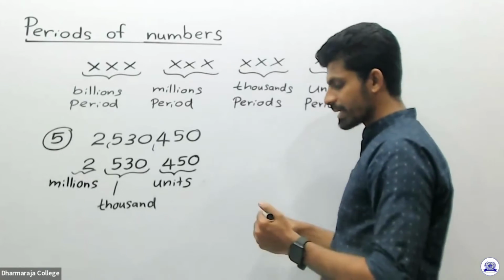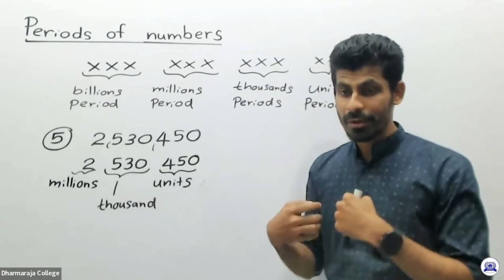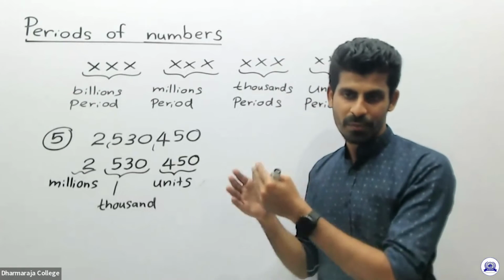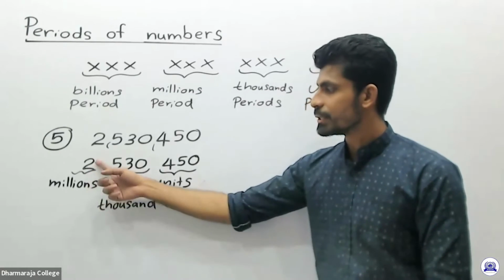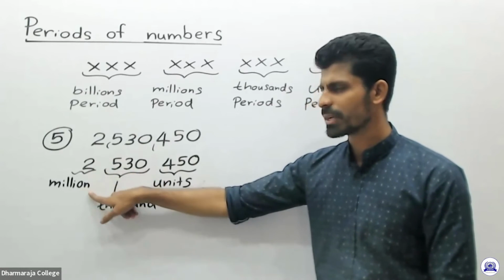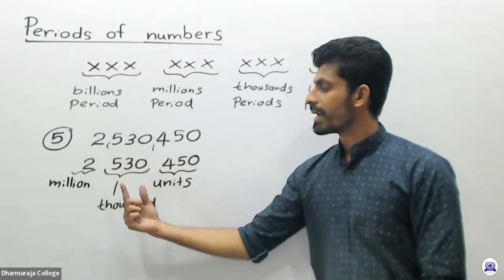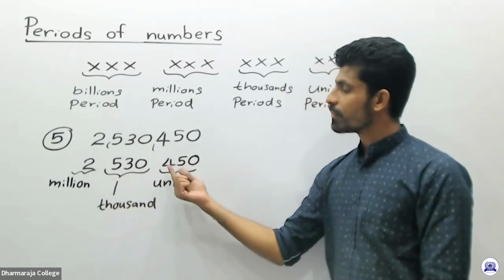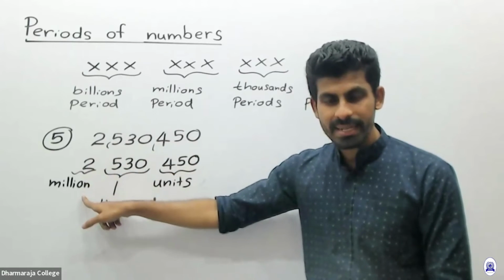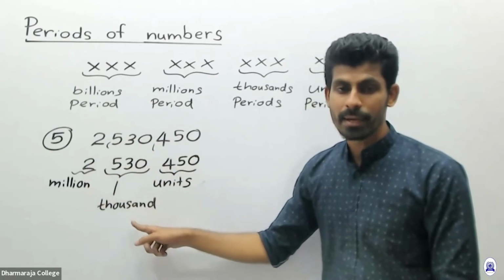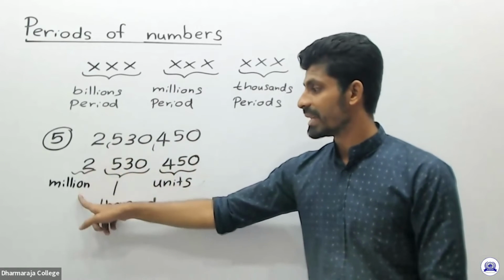Let's try to read this one quickly. Read that one with me while watching the video. 2 million, no need to add this. 2 million 530,450. Again, 2 million 530,450.